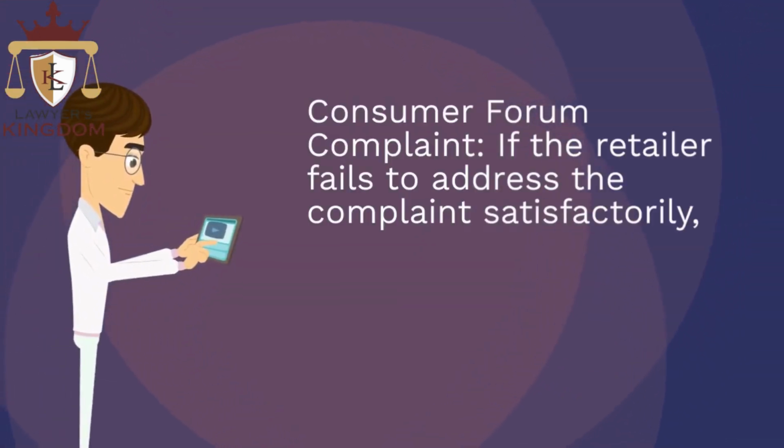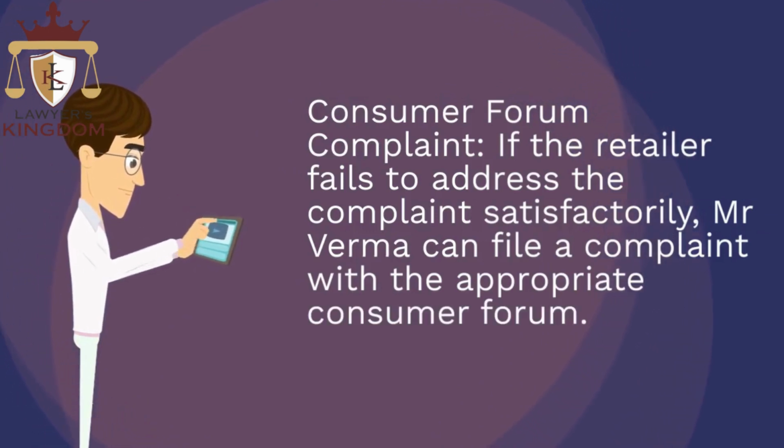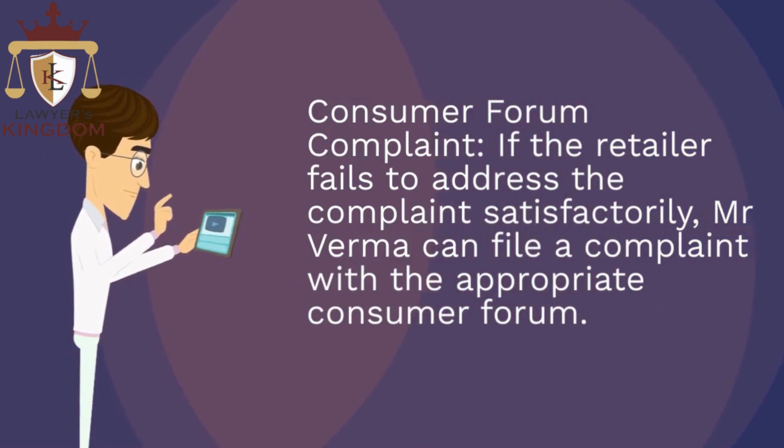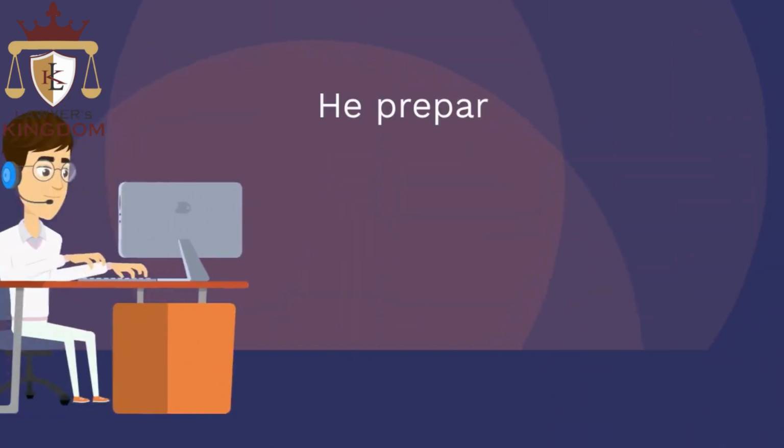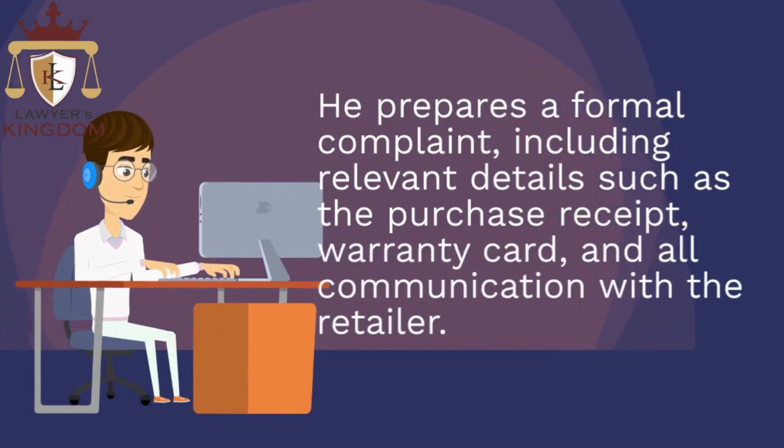Consumer Forum Complaint. If the retailer fails to address the complaint satisfactorily, Mr. Verma can file a complaint with the appropriate consumer forum. He prepares a formal complaint, including relevant details such as the purchase receipt, warranty card, and all communication with the retailer. Hearing and evidence.